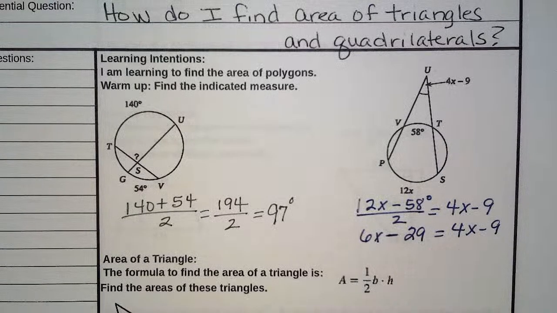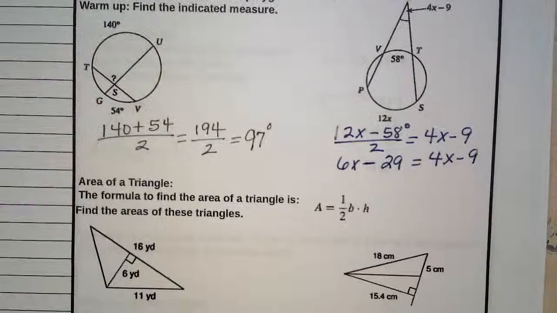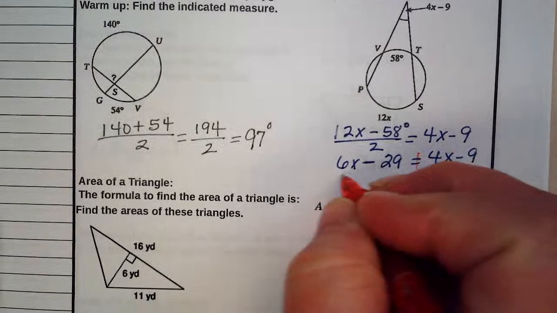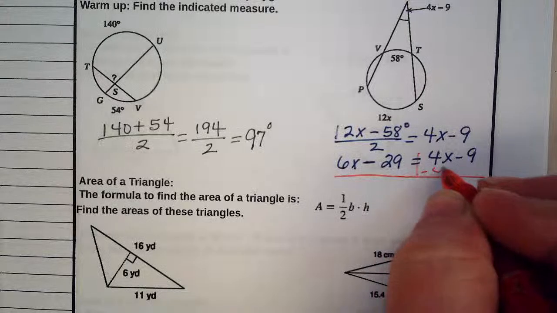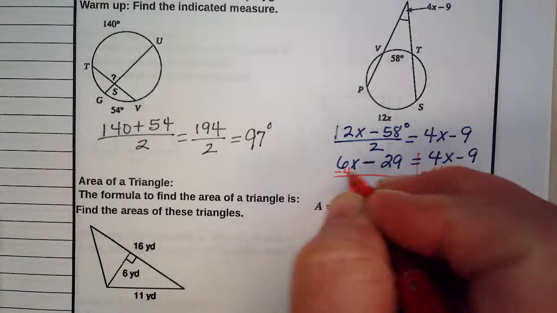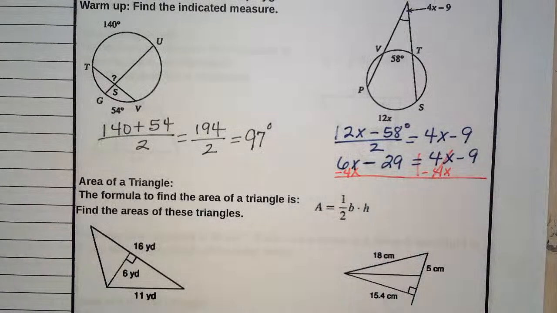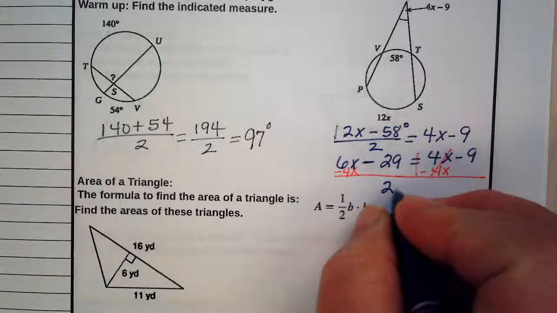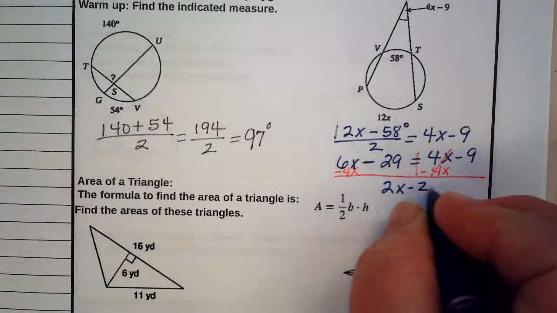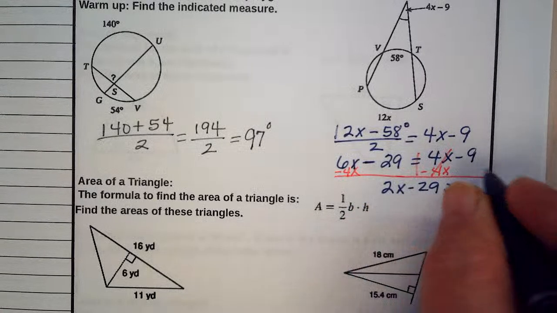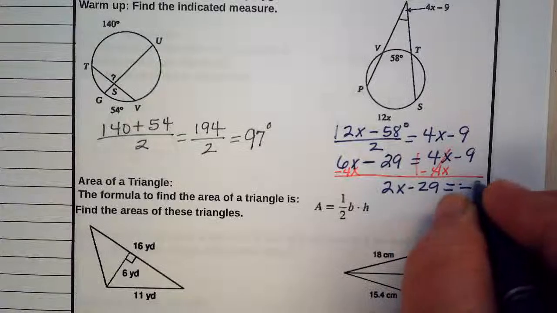Now we need to solve. Going to start by subtracting 4x from both sides. 2x minus 29 is equal to negative 9.